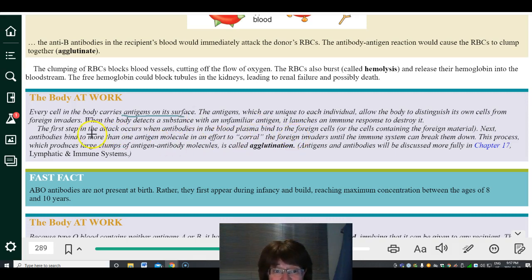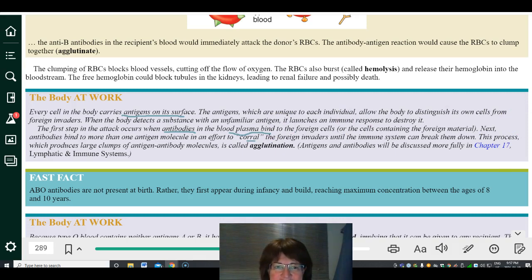Now, the thing that attacks the antigen is an antibody. The antibody is in the blood plasma and will bind to the cell, and they corral it or destroy it. And then they basically mark it, and then the immune system, the phagocytes, come and eat it. Okay? Antibodies, bad. Antigens, good. So antigens are on the surface and antibodies are in the plasma, and antibodies will attack antigens.